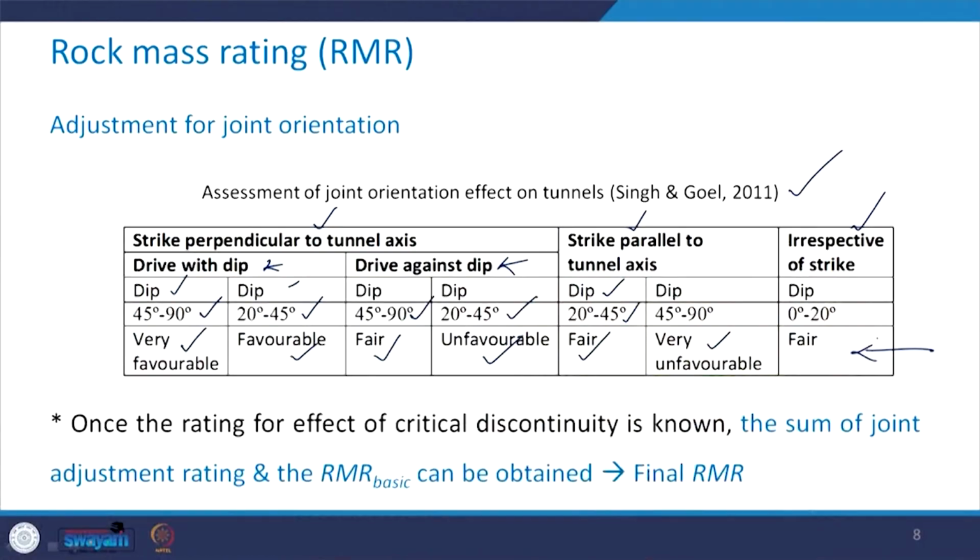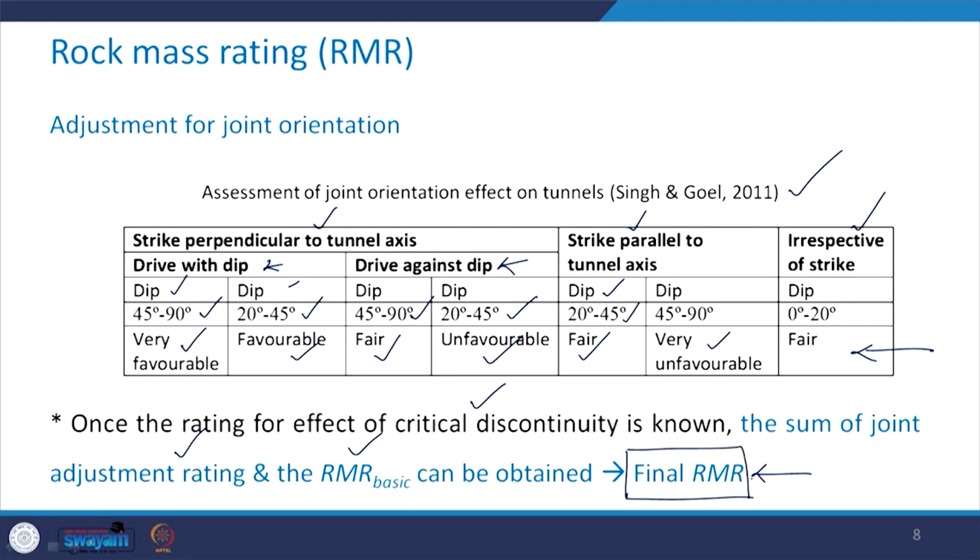Similarly, you can decide for slopes or foundations on weak rocks. First you use this table and decide which condition this belongs to, and then refer to the previous table for the corresponding value of the adjustment for joint orientation. Once the rating for the effect of critical discontinuity is known, the sum of the joint adjustment rating and RMR basic gives you the final value of RMR.